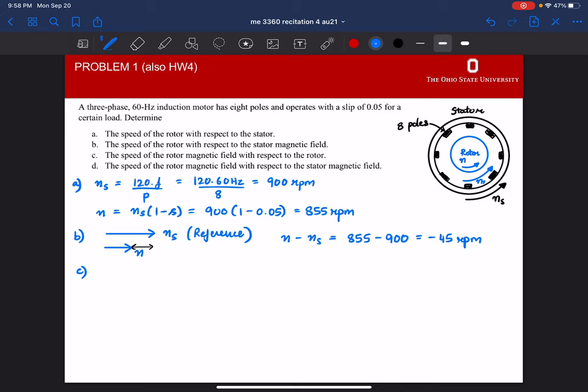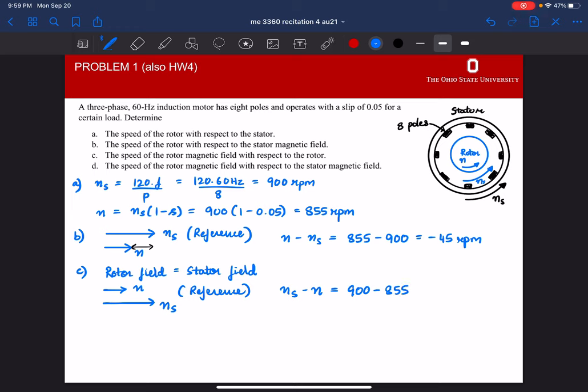So the rotor magnetic field and the stator magnetic field are always the same, and keeping that in mind, the rotor field is the same as the stator field, we can draw a figure that looks something like this for this problem, where now we have the rotor field, the speed of the rotor as the reference, and the speed of the rotor magnetic field here is now represented with ns, and we can calculate the relative velocity with that expression, and we end up with 900 minus 855.